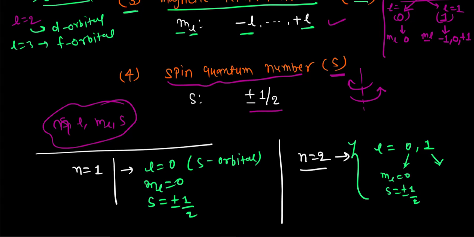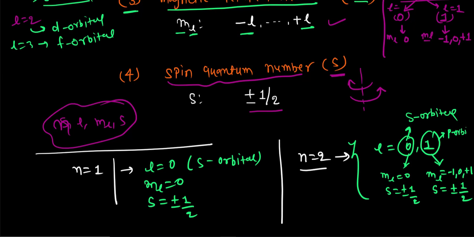For L is equal to 1, m sub L can be minus 1, 0, plus 1, and for each m sub L, S can be plus minus 1/2. L is equal to 0, we call it s orbital, and L is equal to 1, we call it p orbital.